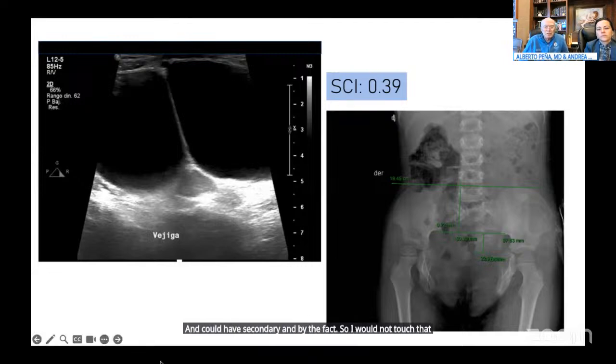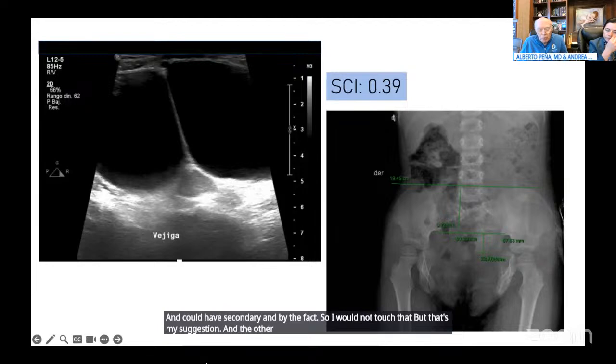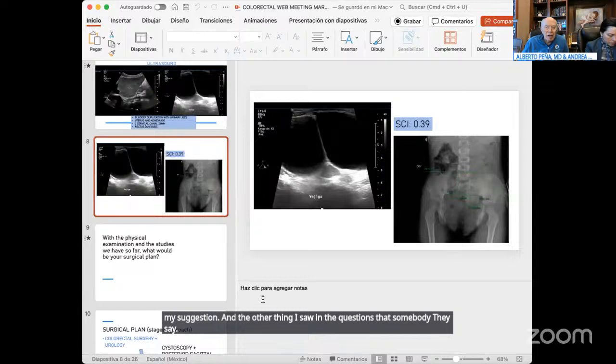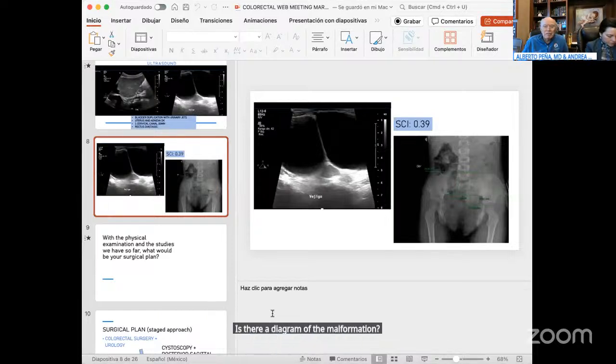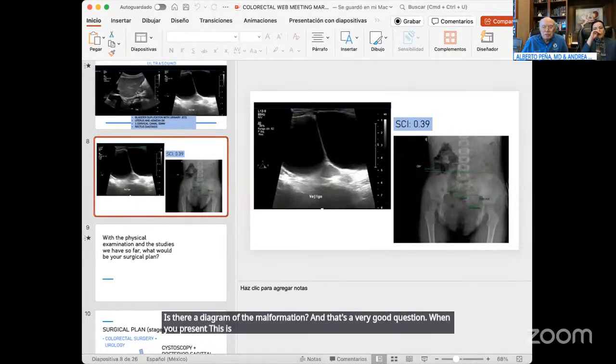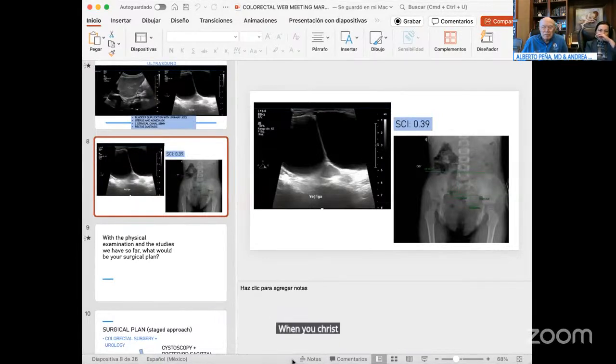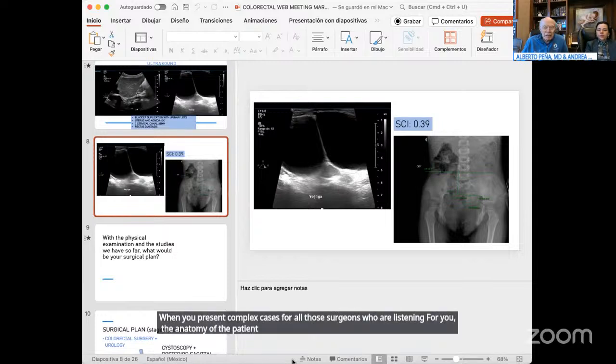But that's my suggestion. And the other thing I saw in the questions that somebody asked is, is there a diagram of the malformation? And that's a very good question. When you present complex cases, this is an observation for all those surgeons who are listening: for you, the anatomy of the patient is very clear because you have been following the patient, because you operate. But for the audience, it is never clear when dealing with complex malformations.